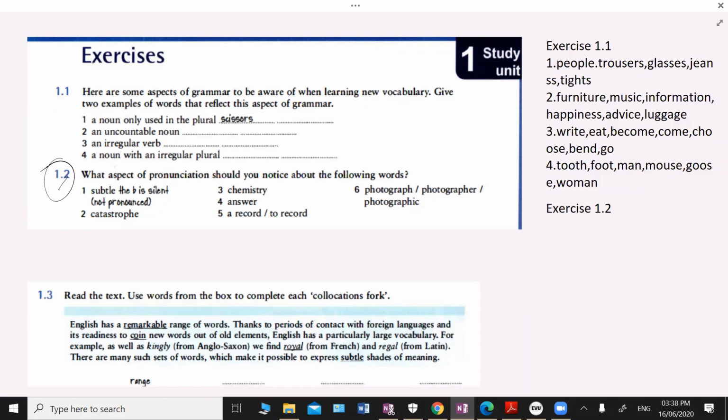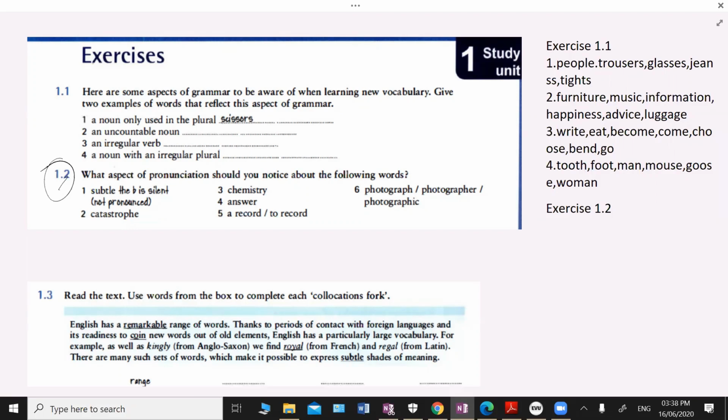Number 2, the word is catastrophe. Do you notice any pronunciation aspect of this word which makes it different? The P sound? Not really.